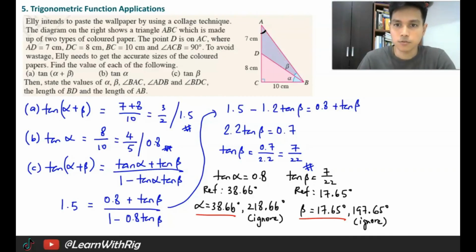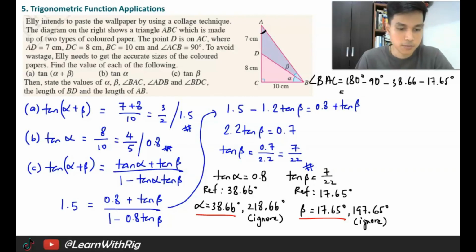BAC equals 180 minus 90 minus alpha, which is 38.66, so 38.66 minus 17.65. So BAC would be 33.69.